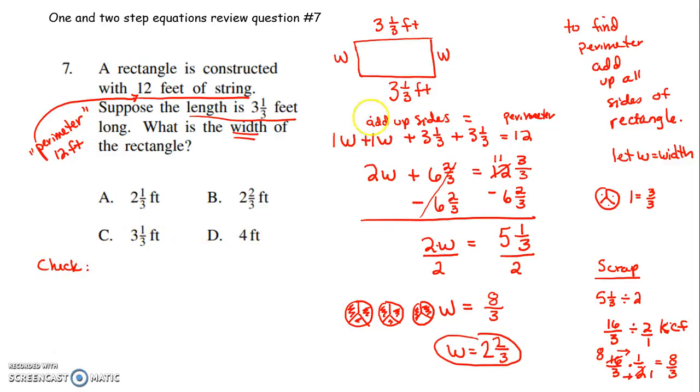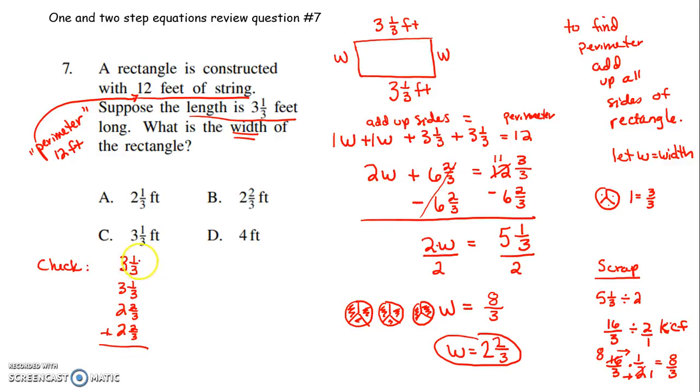For my check, now that I know my widths are 2 2/3, I'm just going to add up all my sides. 3 1/3, 3 1/3. For my lengths, 2 2/3, 2 2/3. Just going to go ahead and add those up.